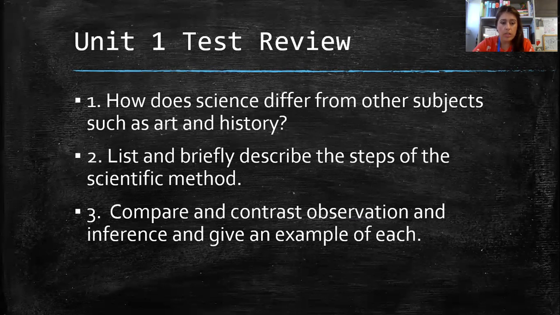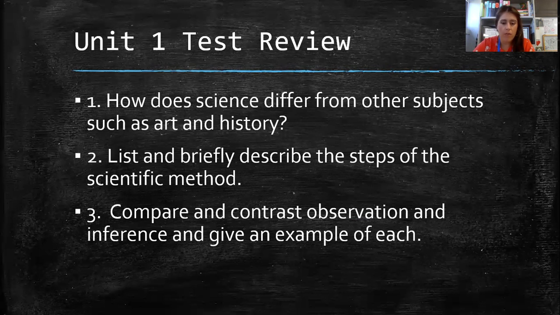Question 2 asks you to list and briefly describe the steps of the scientific method. Again, this information can be found on page 10 of your ISN. When we start to think about science, we gather our observations using our 5 senses.